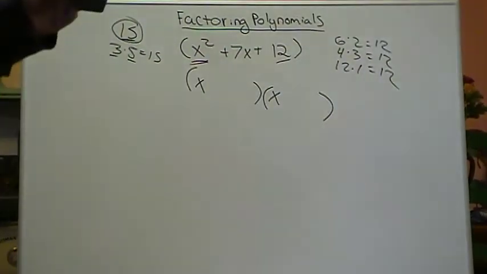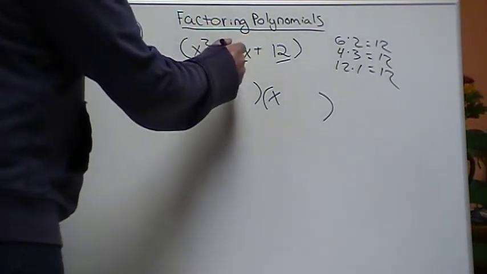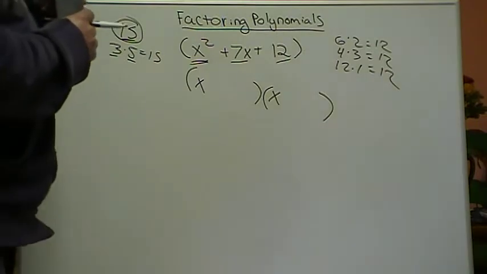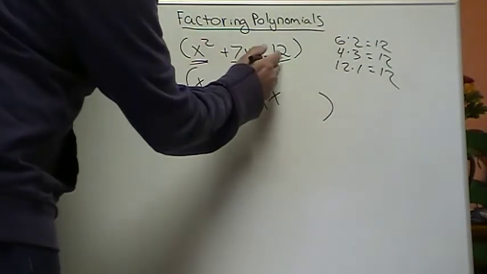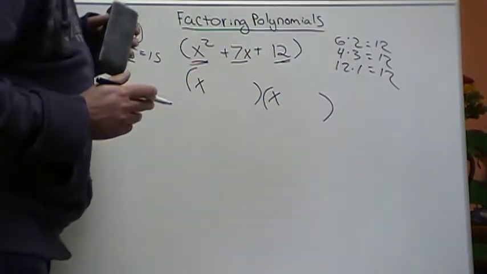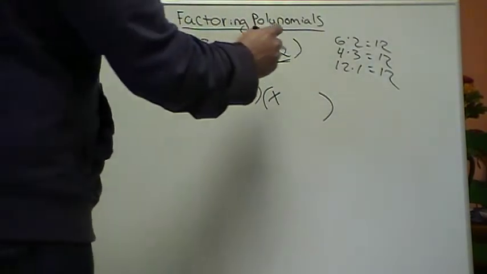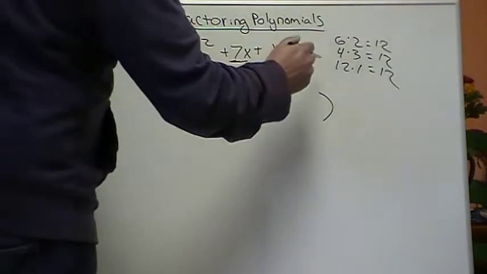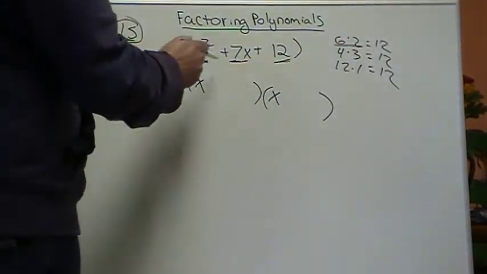And to select the ones we're going to use, we have to look at this term. And what you want to look for are those numbers that when multiplied together, they give you 12. And when added together, they give you 7. Well, all of these when multiplied together, they give you 12. But this, when added together, gives you 8. And that's not what we're looking for.